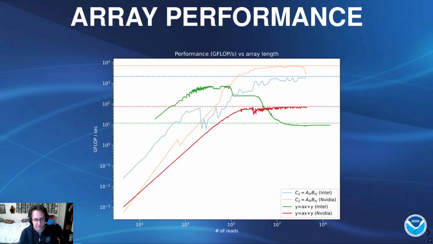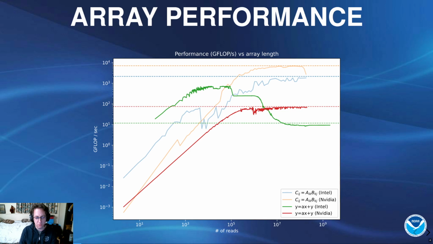But that only is really reflective of a certain class of problems. If we were to instead look at a typical array update, we wouldn't get anywhere close to those peaks. We would instead see the trends shown here in the green and red. In this case, this is just what's called a simple AXPY calculation, which I'll explain in a minute.